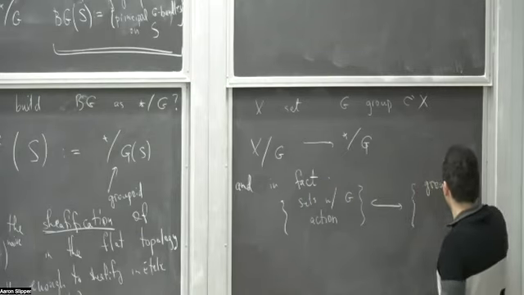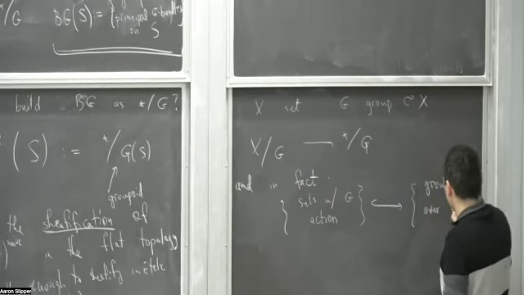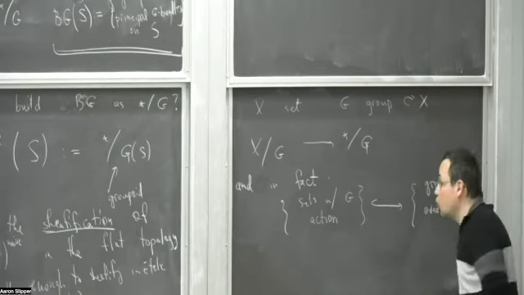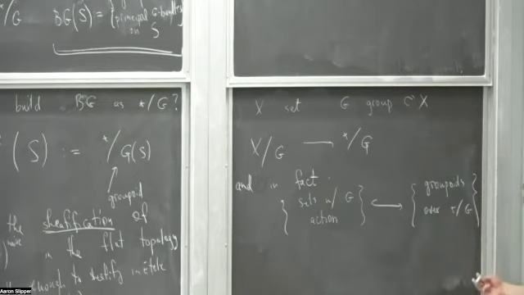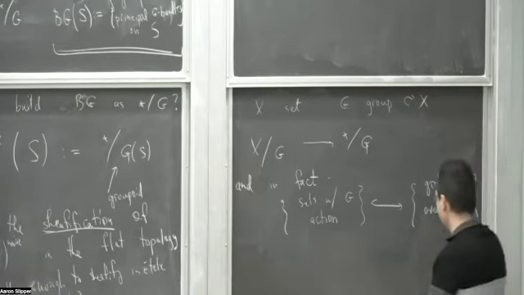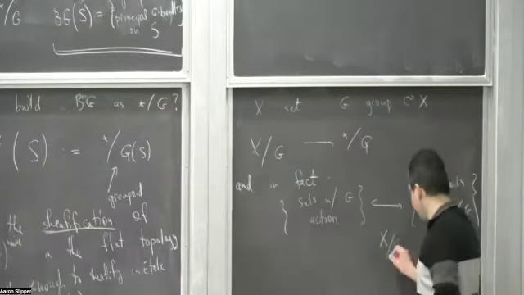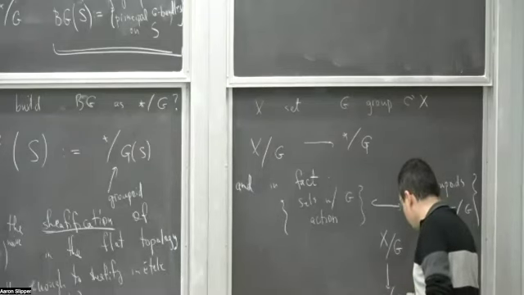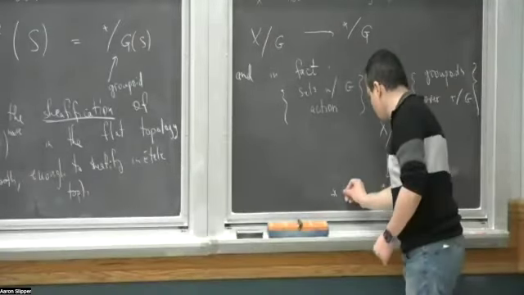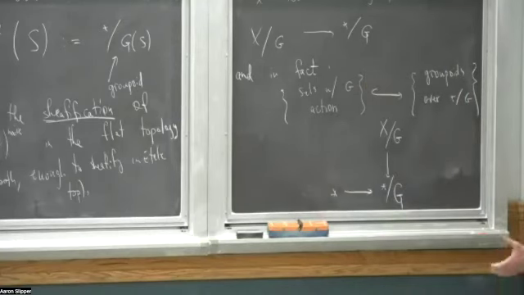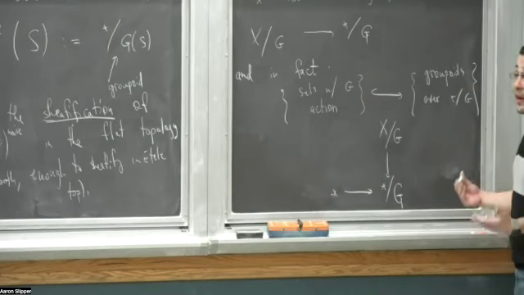You can go back over point mod G. So a set with a G action you can think of, from this groupoid point of view, as a particular groupoid which lives over point mod G. Namely, let me write this map vertically. Here's a groupoid. Here's another groupoid, the discrete groupoid, which is just a point, which projects to point mod G. The point is, if you take the fiber product, you recover back X.